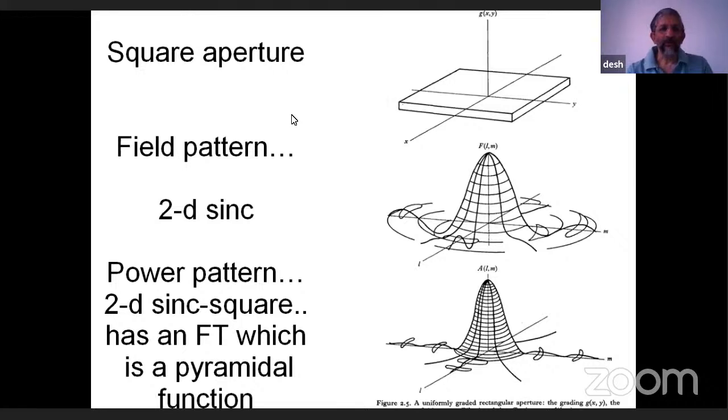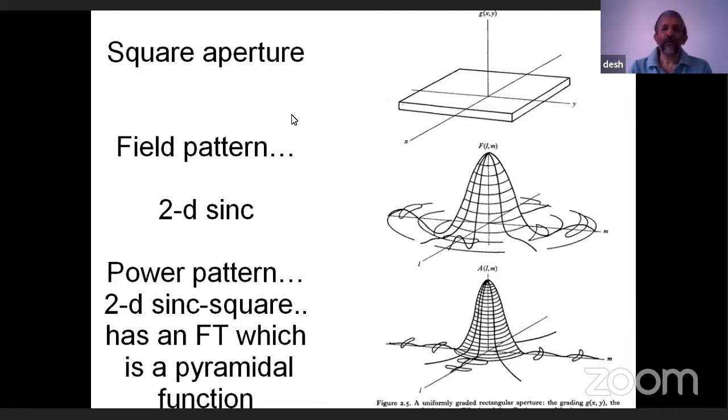Okay, and the power pattern, of course, will be the square of this, so it will be a 2D sinc square. With your knowledge that squaring will result in self-convolution in the other domain, in the aperture domain, you can imagine what effective aperture distribution it would correspond to, and convince yourself that it will be a pyramidal function.